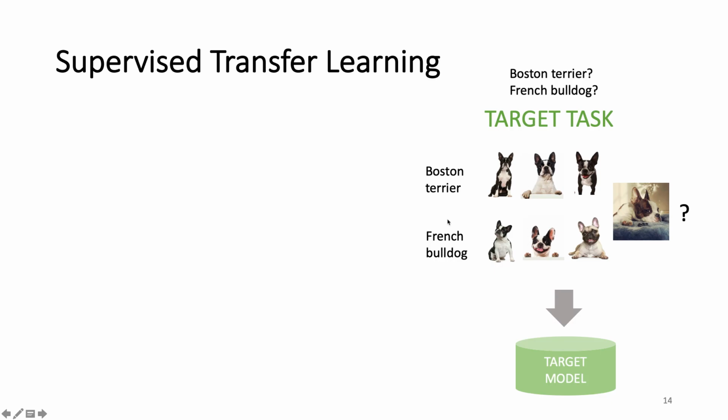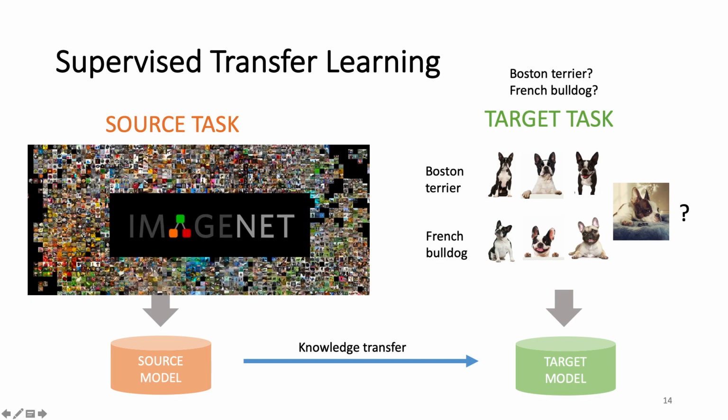So typically nowadays, the state of the art is we'll use the ImageNet, in particular for image classification, to learn a source model, and we use this source model as our base model, and then further fine-tune based on the images we have for our target task.